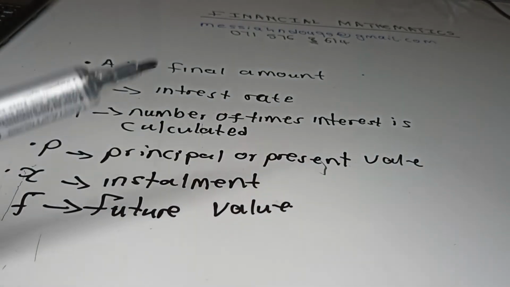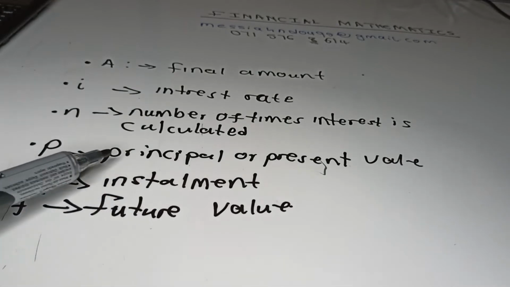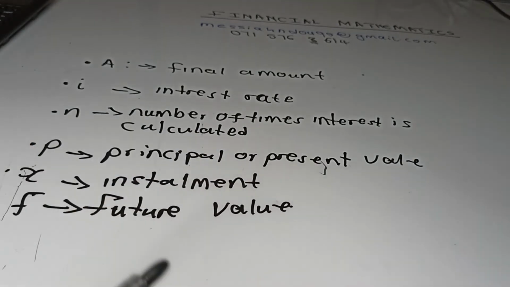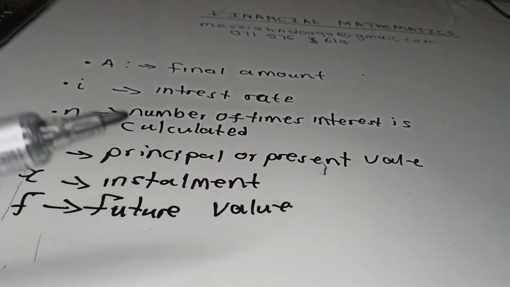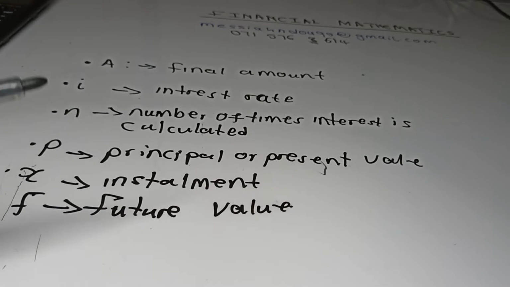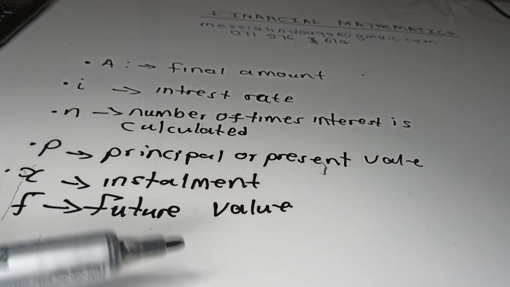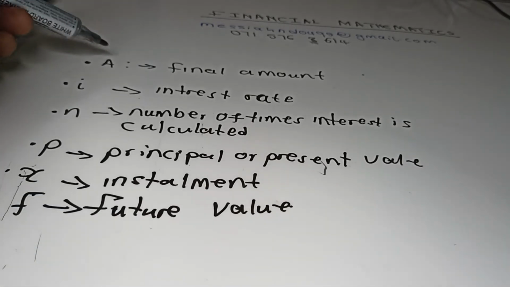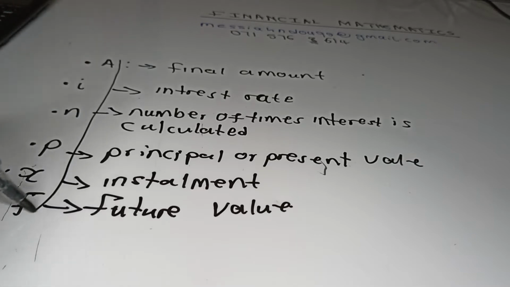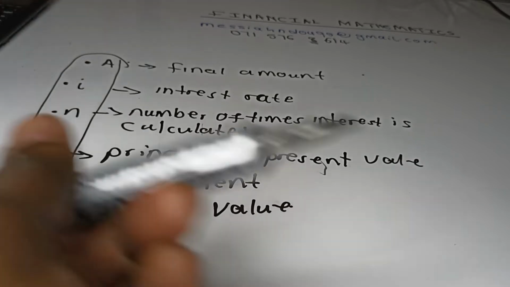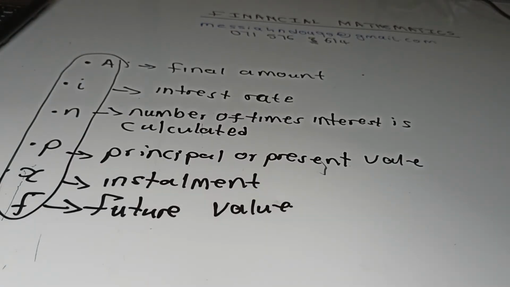They will just show you the amount, either principal or present value, whereas X is dealing with an installment, and F is representing the future value. So you have to memorize all of these letters before you do anything else.